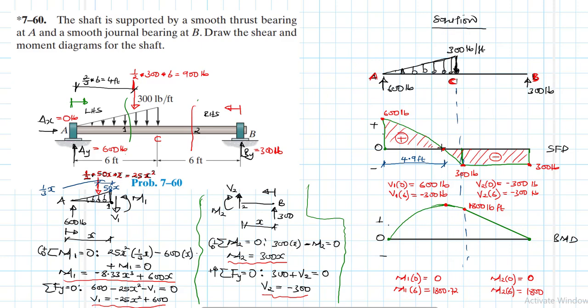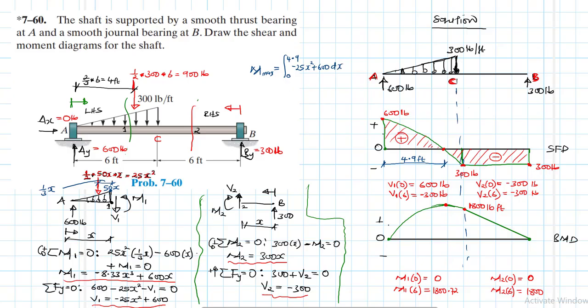So we are going to integrate shear V1 from 0 to 4.9 feet, so that we find this maximum moment. Max moment will be equal to the integral from 0 to 4.9 of V1. What is V1? V1 is minus 25 x squared plus 600 dx.